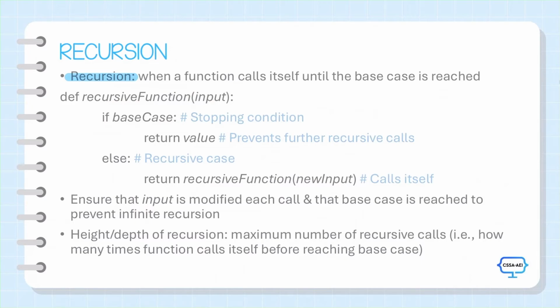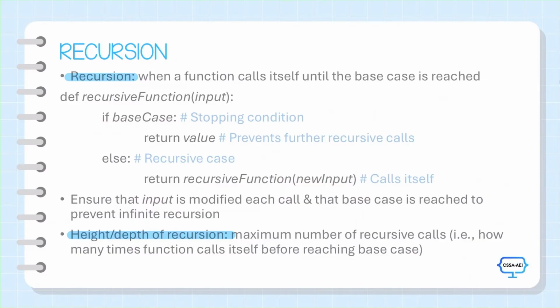We don't want to be in an infinite loop, okay? It's essentially another way to implement a loop, but it's really powerful because it can simplify a lot of things, especially for things like trees that you'll learn next year. And then the height or the depth of recursion is the number of recursive calls. So how many times a function can call itself before we get to the base case.